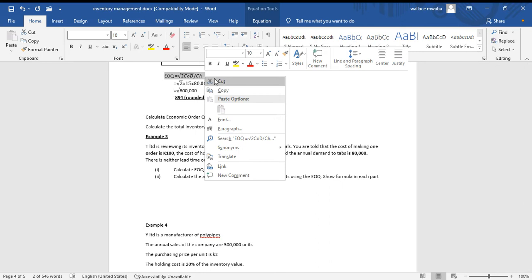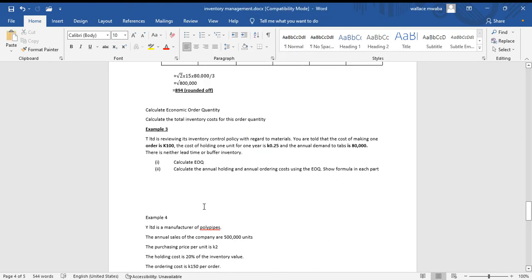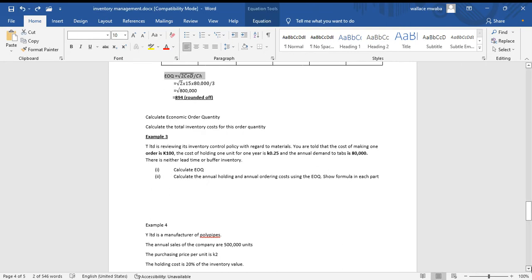of 2 times the reordering cost times the demand over the holding cost per unit.